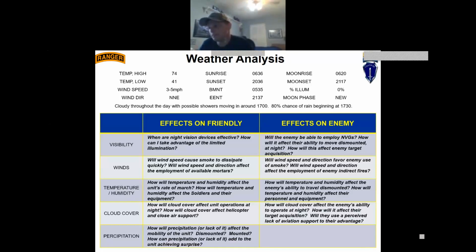Watch for flash floods. For mobility and low ground, expect a higher water table due to the 80% chance of rain, and flash floods are possible. But it will improve our surprise attack on the enemy, because we'll use the rain to mask our movement sound.